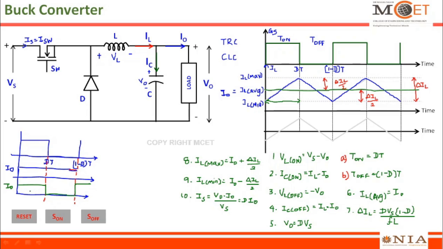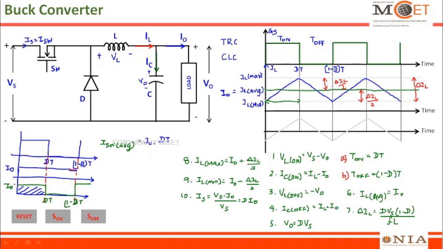I want to find the average value of this current. This is (1 minus D) into T, and the on time duration is DT. If I want to find the average current, I need to find this area divided by the total time. The switch average current ISW is given by I0 times this area. You can see this is the area I am trying to calculate, which is I0 into dt, because it is a rectangle, length into breadth.